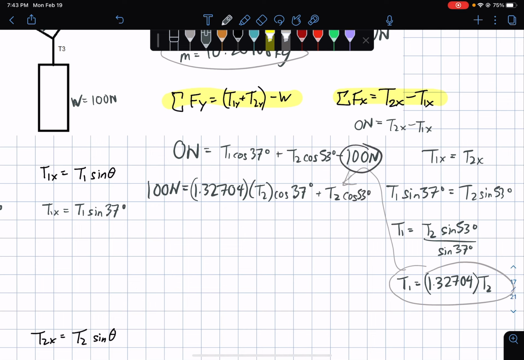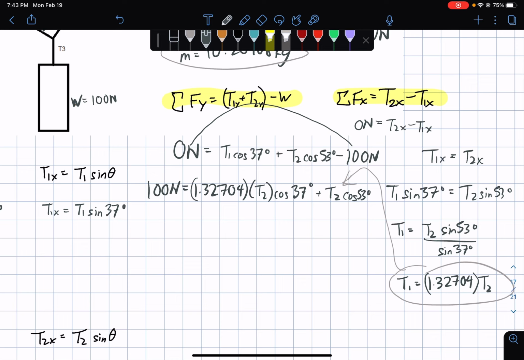Okay, so 100 newtons has already been transposed, so that's good. We just have to simplify. So 1.32704 cosine 37 plus cosine 53. What's wrong with my calculator?